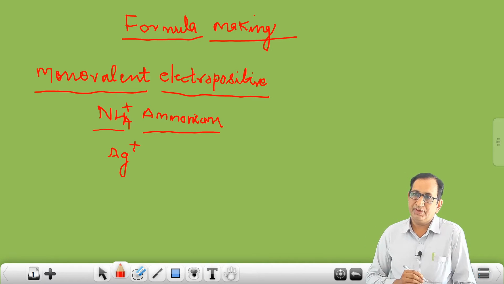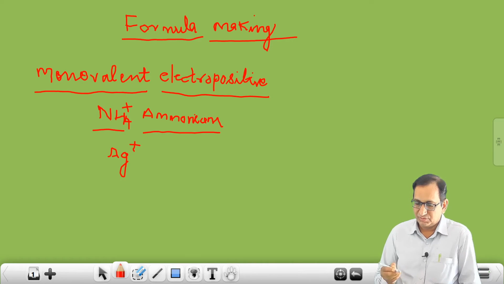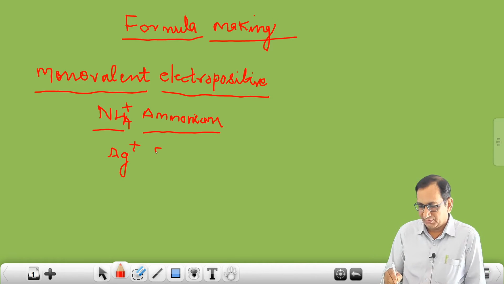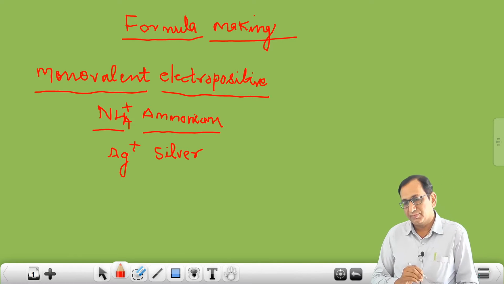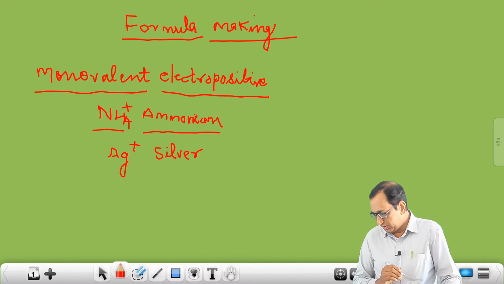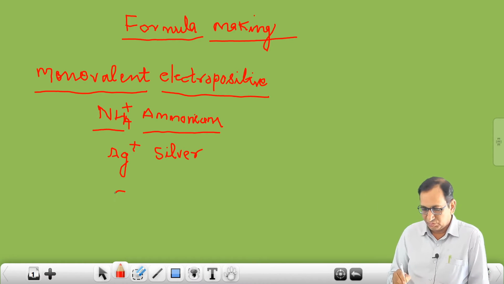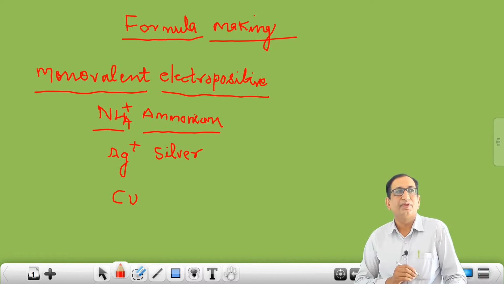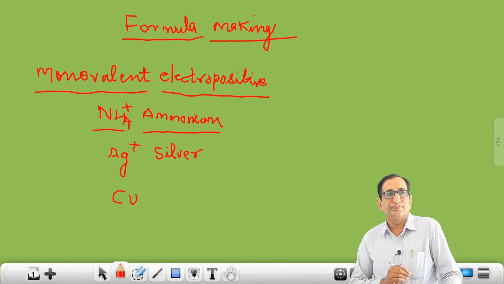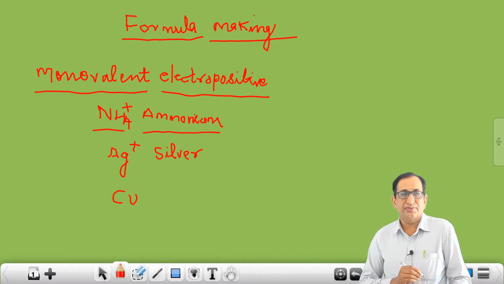This is the silver ion. This you know already. I can write here, this is silver ion. After that, students, copper, Cu, it has got variable valencies.